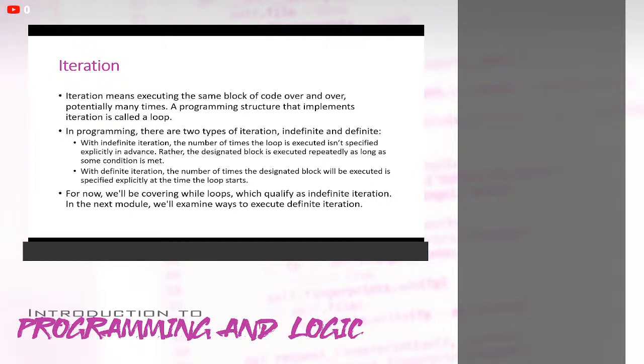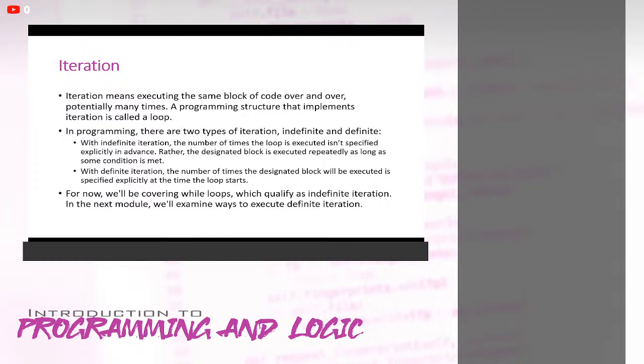There are different types of loops. A while loop is just one type. Among these different types of loops, we have two umbrella types of iteration: indefinite iteration and definite iteration. With indefinite iteration, the number of times the loop is executed isn't specified explicitly in advance.